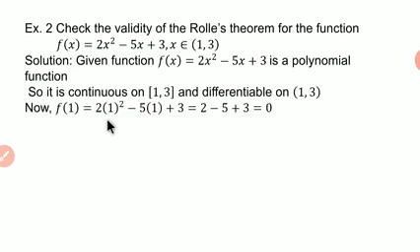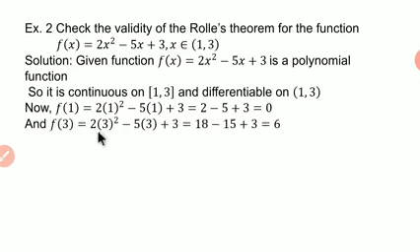Now f of 1 is equal to 2 into 1 square minus 5 into 1 plus 3. It is equal to 2 minus 5 plus 3. It is 0. And f of 3 is equal to 2 into 3 square minus 5 into 3 plus 3. Means it is 9 into 2, 18 minus 15 plus 3. It is equal to 6.